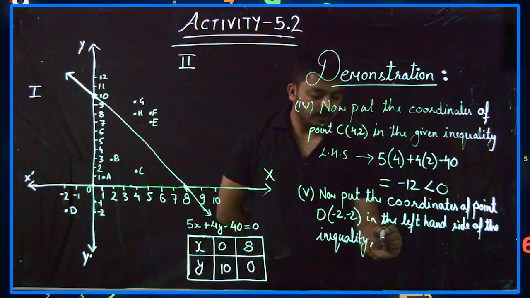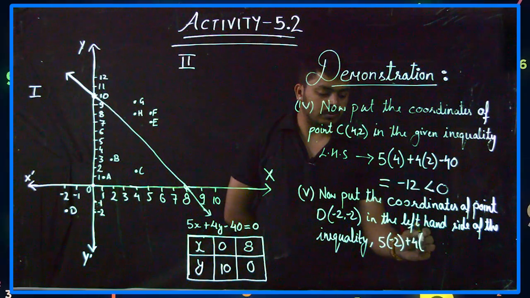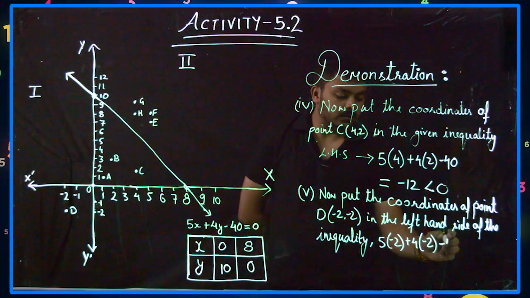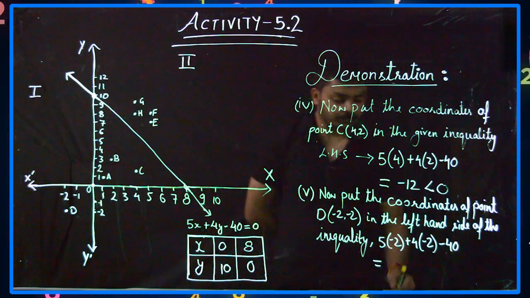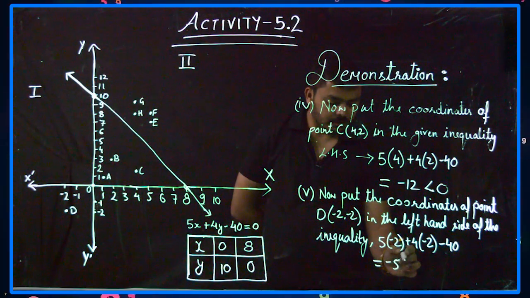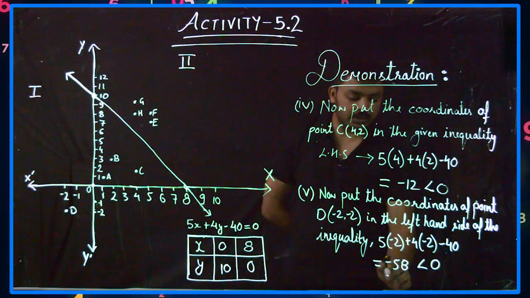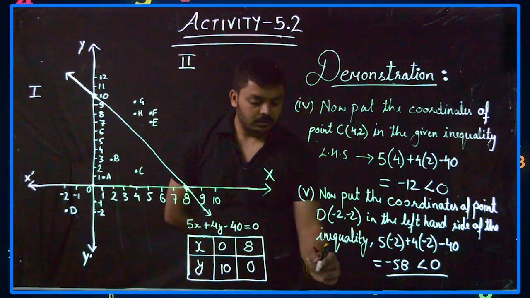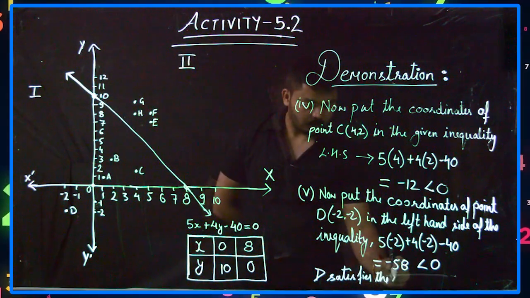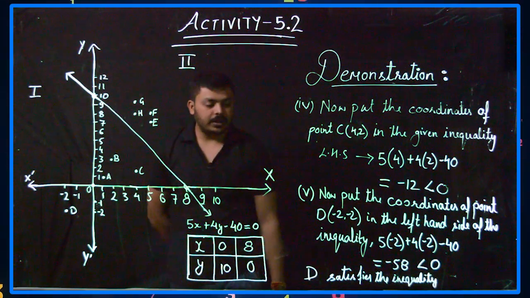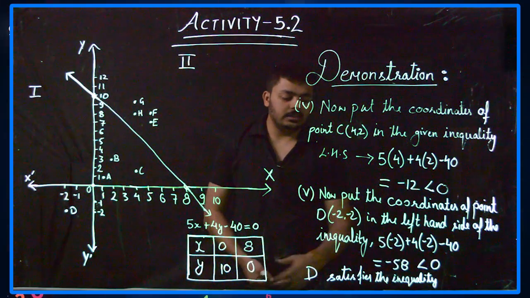That is 5 into -2 plus 4 into -2 minus 40, which is equal to -10 - 8 - 40 = -58, which is less than 0. Hence we can say point D satisfies the inequality as the LHS is less than 0.